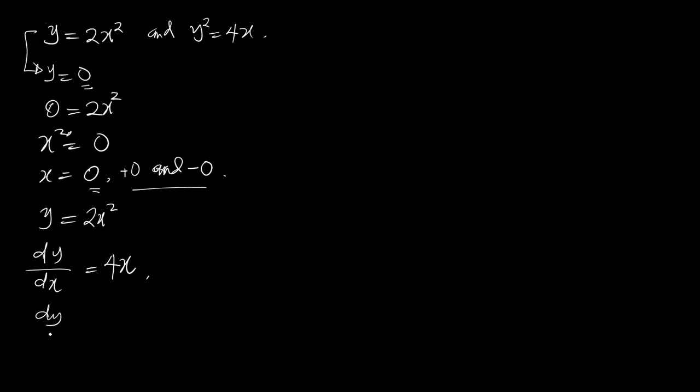At the point where dy over dx is equal to 0, that is our stationary point. So 4x equal to 0 means x is equal to 0 at that point. So it's at the same point where y is equal to 0.